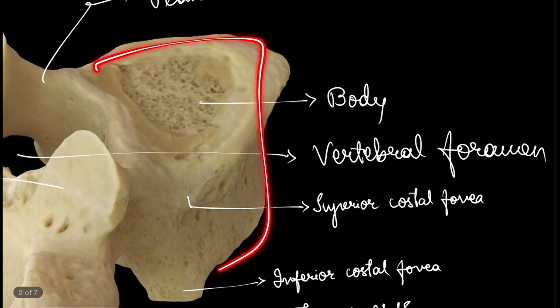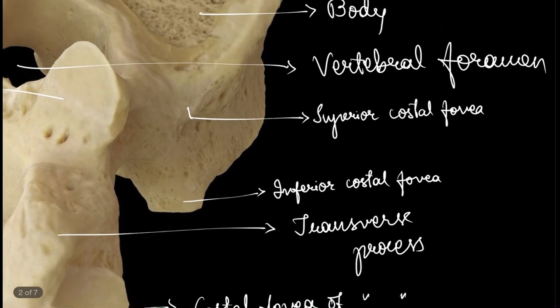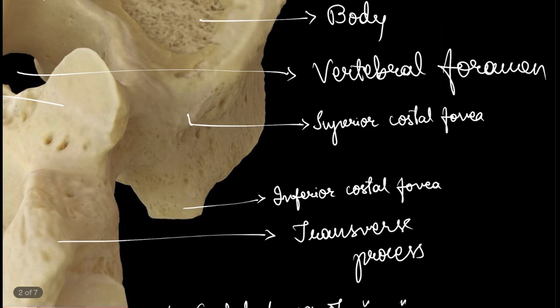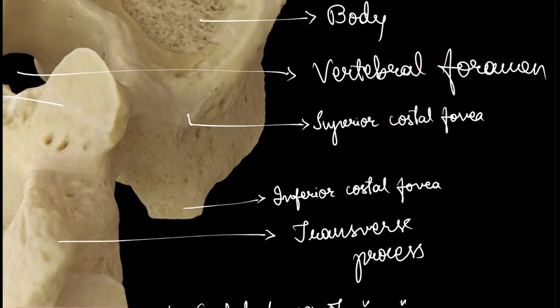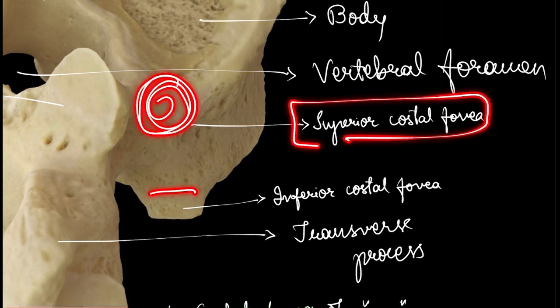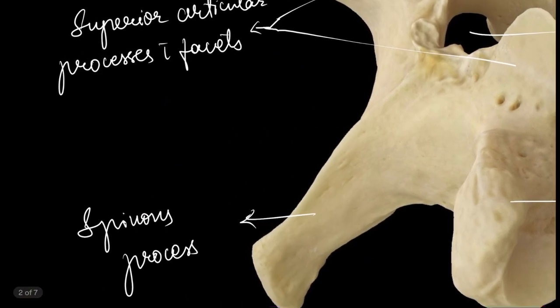And this is the body, which on its sides also has costal fovea, which articulates with the head of the rib. This is the superior costal fovea, and the one at the inferior is the inferior costal fovea.